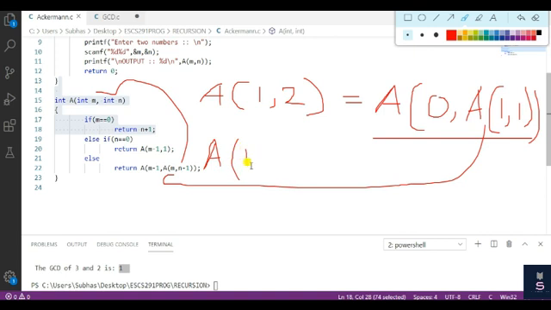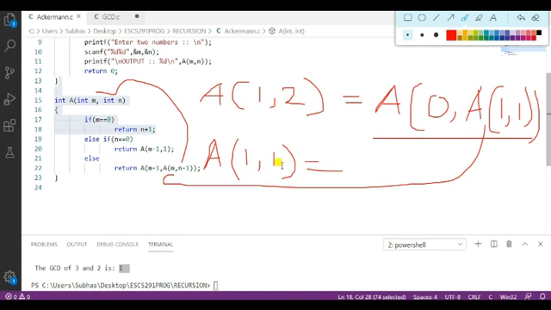So I have to calculate a of 1 comma 1. Here both inputs are non-zero: m is not zero and n is also not zero.